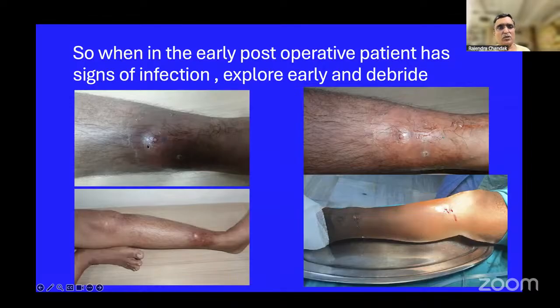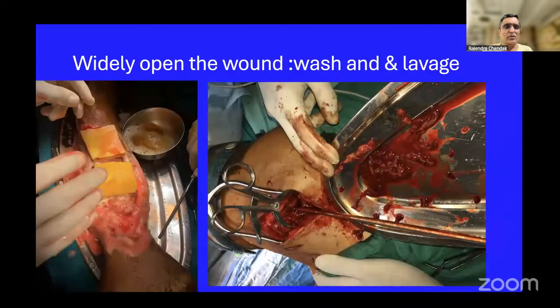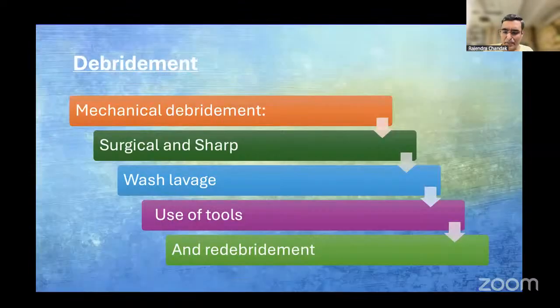This patient showed a pustule near the interlocking nails, and this should be intervened as early as possible. Rather than just starting antibiotic coverage, we should open them up, get the bacteria cultured, and then do a DAIR procedure. So open the wound completely, do wash, lavage, and a complete thorough debridement.